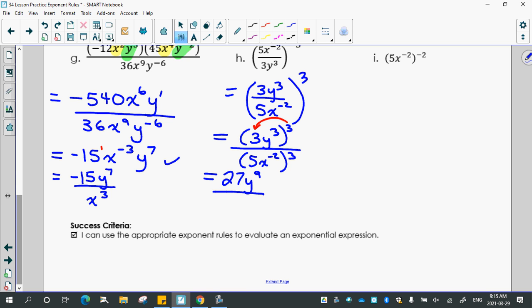5 to the power of 3. X to the negative 6. So remember, anything with a positive exponent is fine where it is. Fine, fine, fine. That one's not fine. X has an exponent of negative 6. So how can I rewrite this so all the exponents are positive?